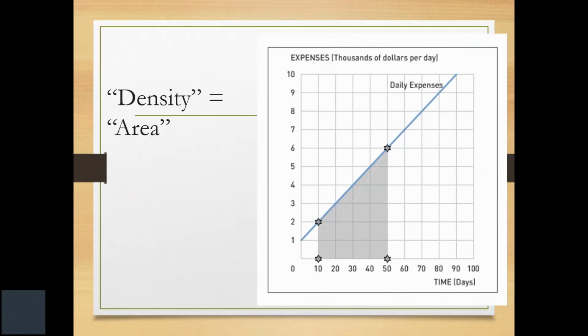When we talk about density, then, as probability, we're really talking about area. And it might be a little bit easier to see if you do it in this kind of geometric sense, where we've got the area of a rectangle down here, and then we've got an area of a triangle here. So, base times height for the rectangle, 1/2 base times height for the triangle. You could add those together and get that area, okay?